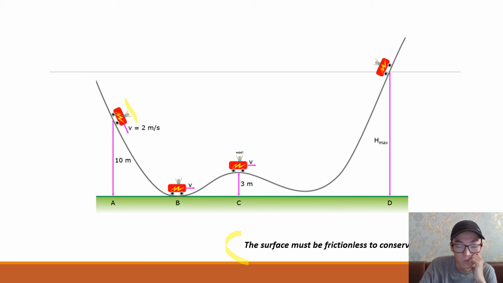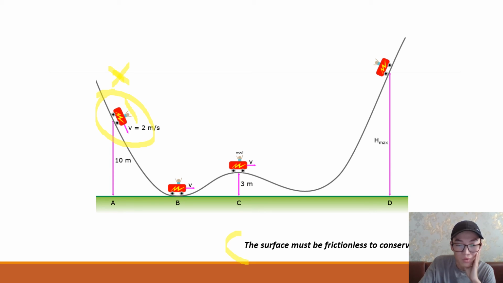The way it works is simple. When we are launching our cart, for example here, at the first point, it has both potential and kinetic energy, because it has height and also it has speed. So we will have some total energy X, let's say.